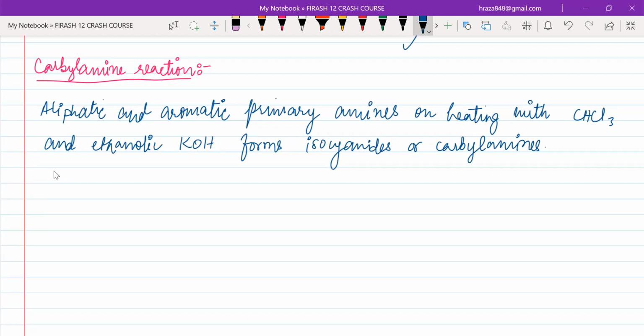And these are basically foul smelling substances. The compound formed, the isocyanide, is this foul smelling substance.